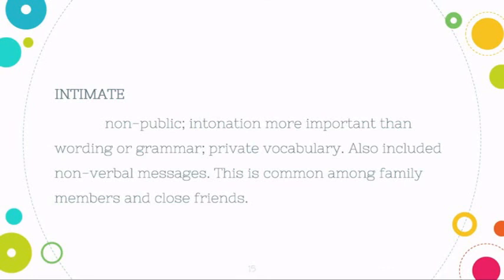No words have to be said, and you smile. Both of you would smile. A message was sent, even though no words were said. So just by looking at each other, you already know what you mean. So that's one example of the nonverbal message.